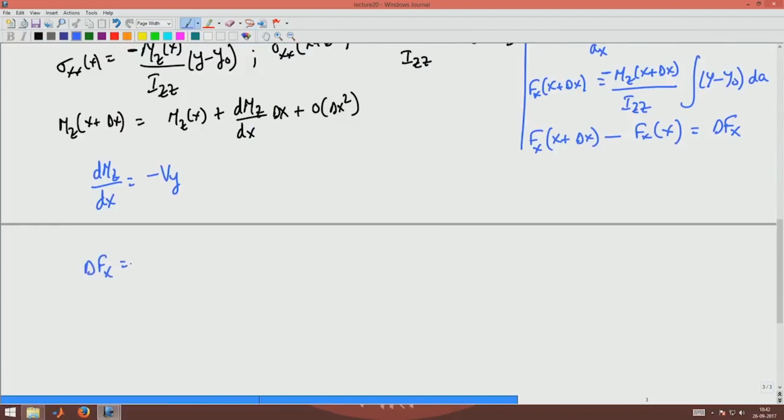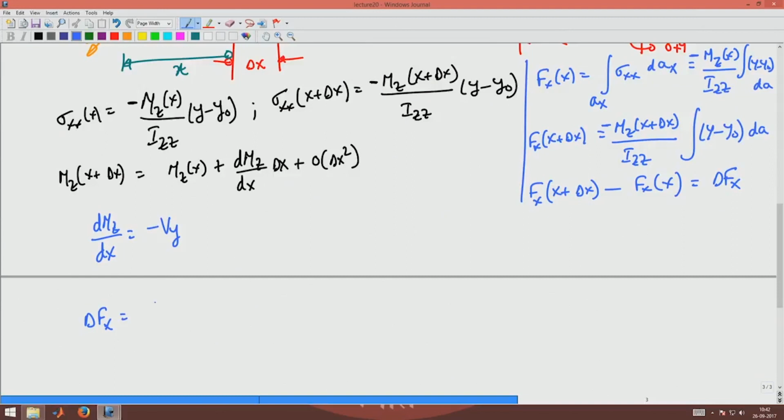Delta f x would be, from these equations, minus mz at x plus delta x minus mz at x, times 1 by Izz integral y minus y naught dA x.